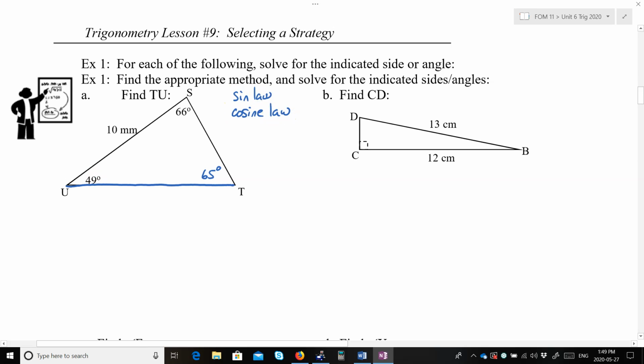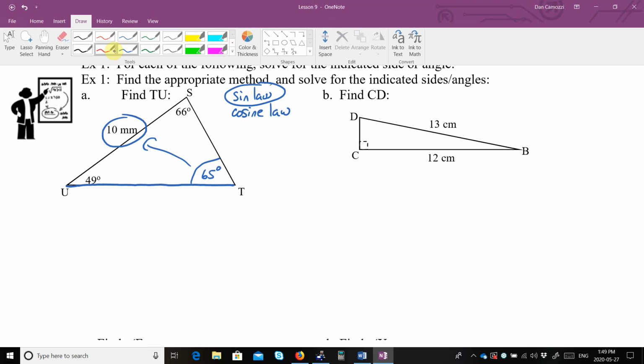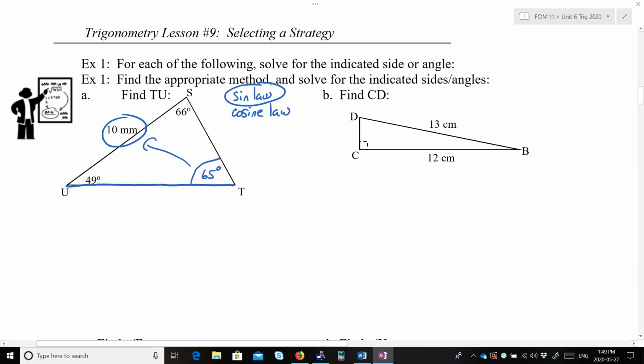And when you have an angle and its opposite side, that's a prime candidate for the sine law. Since it wants us to find TU, that's across from capital letter S, so they want us to find little s. And since we know capital T and little t here, we can use the sine law like this.